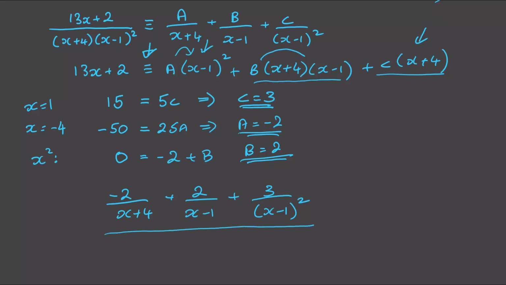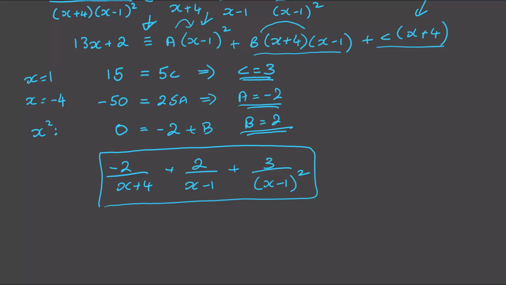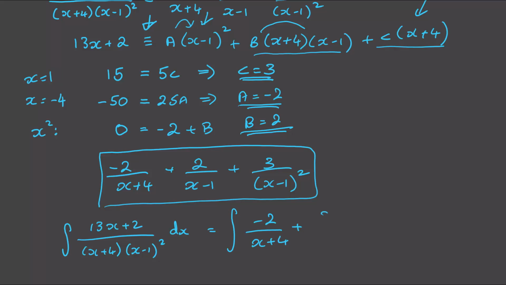Okay, so those are our partial fractions, and what we want to do now is integrate the (13x + 2) over (x + 4)(x − 1) squared. And we can do that by doing the integral of negative 2 on (x + 4) plus 2 on (x − 1) plus 3(x − 1) to the negative 2.